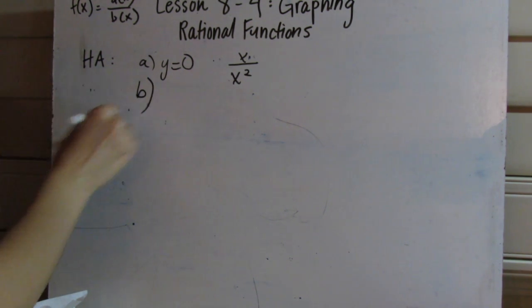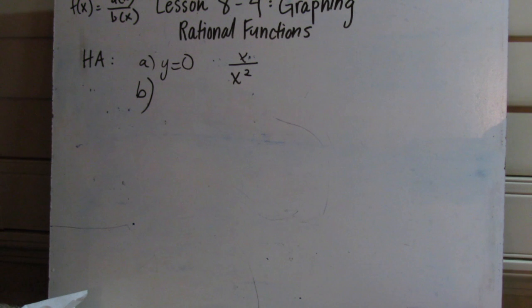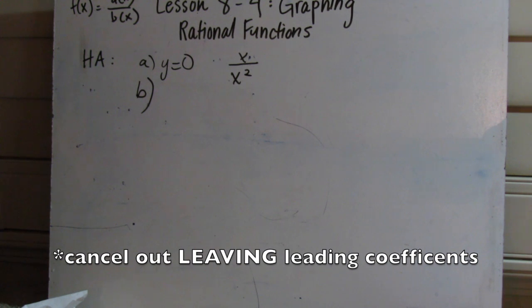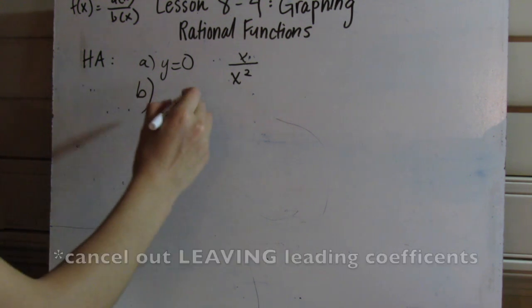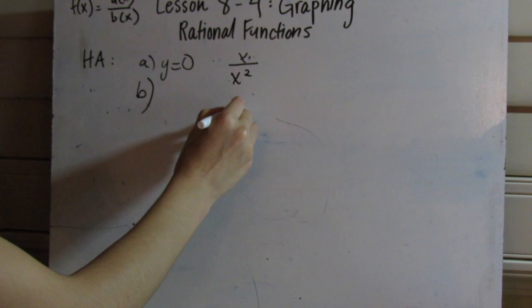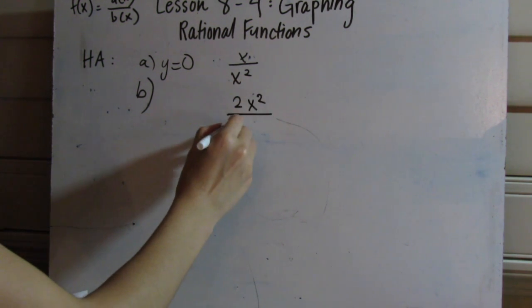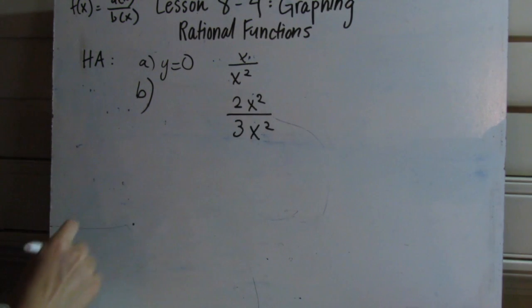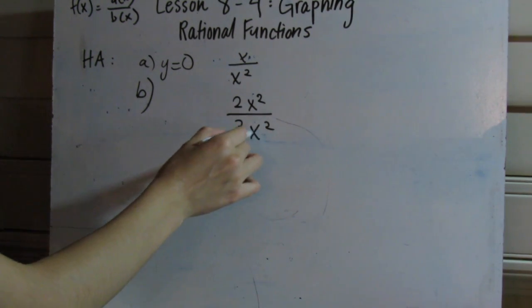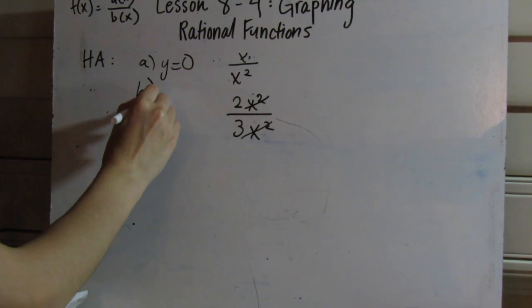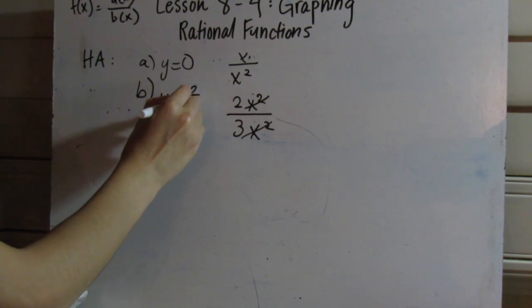The second option is if the degree of a of x and the degree of b of x are equal, so the x's cancel out and you're left with the leading coefficients. So for example, if you have the function 2x squared over 3x squared, the x's will cancel themselves out. So in this case, your horizontal asymptote is at 2 over 3.